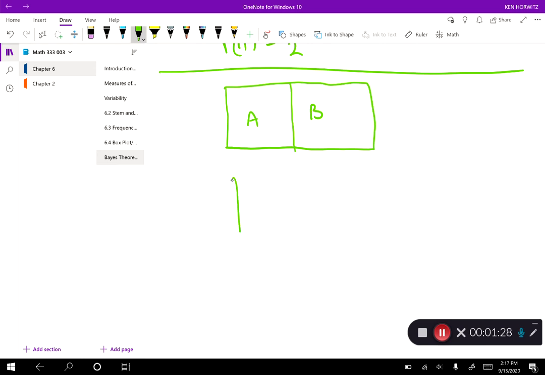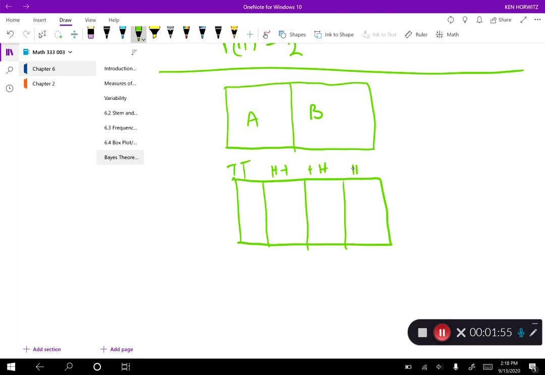If we wanted to take that rectangle and talk about the probability of tossing a coin twice, the outcomes would be, again, in our rectangle, all equal: tail, tail, head, tail, tail, head, and head, head.